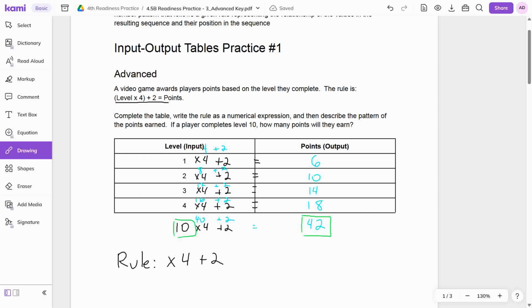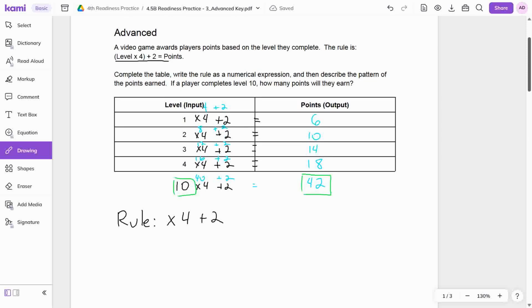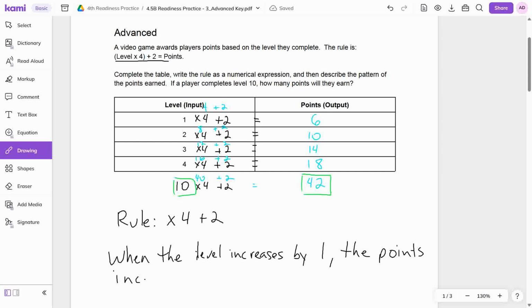And then let's describe the pattern of the points earned. Right? So we notice that when the input, or the level, which is the input, increases by 1, the points increase by 4.